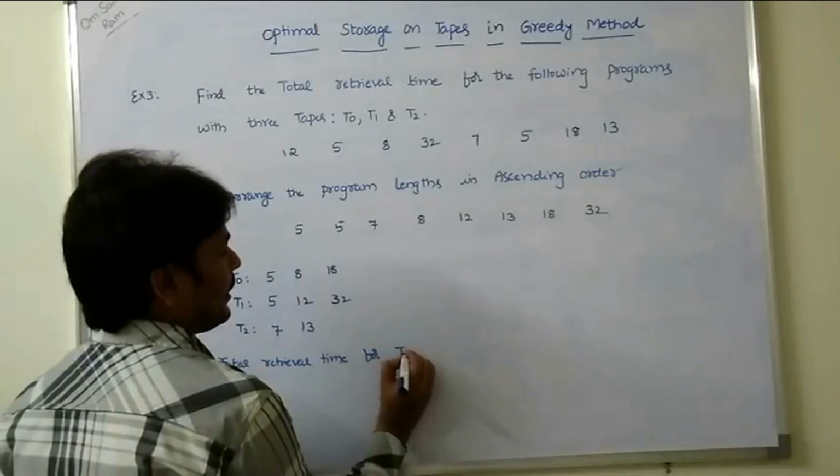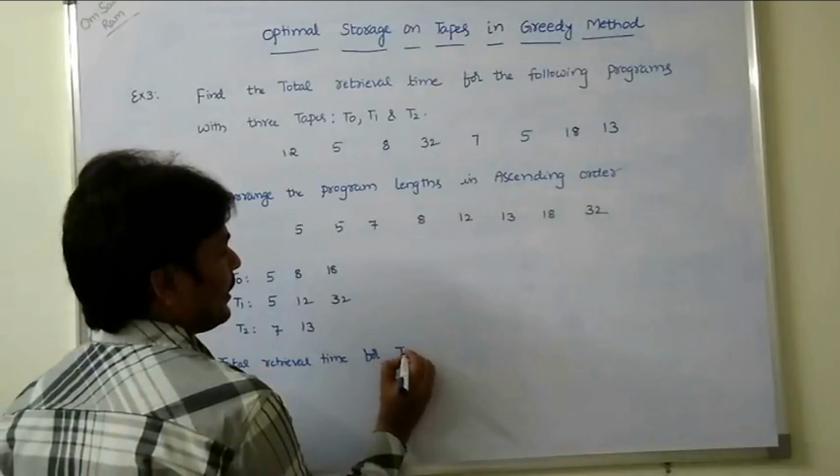Next, total retrieval time for tape T2 is equal to time required for accessing the first program is 7, time required for accessing the second program is 13, so 7 plus 13.